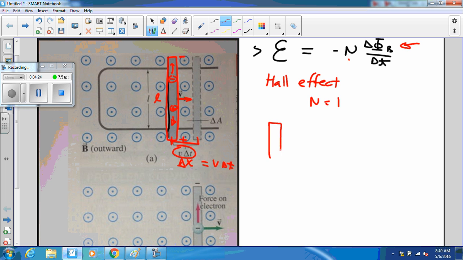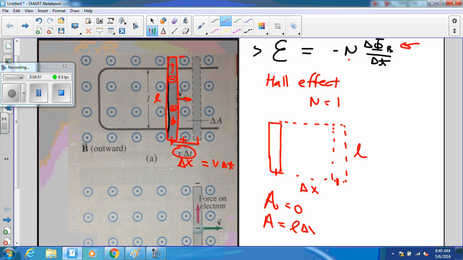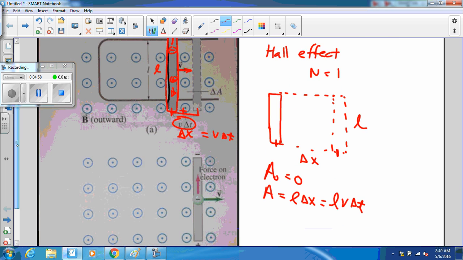Let's examine that rectangle. If I look at initial and final, right here, so my bar moves from here to here, a distance of delta x. The bar has a length of L. Then, if I consider the initial area to be 0, essentially, because the bar hasn't moved at the initial state, then the final area is going to be L times delta x, which is equal to L times V times delta t.